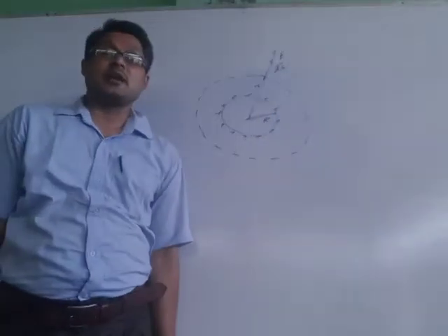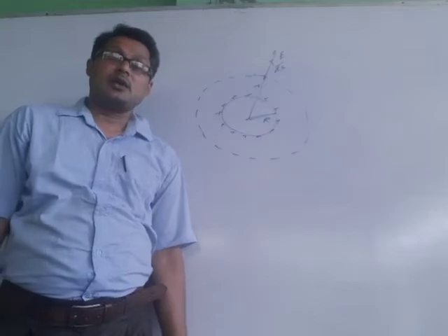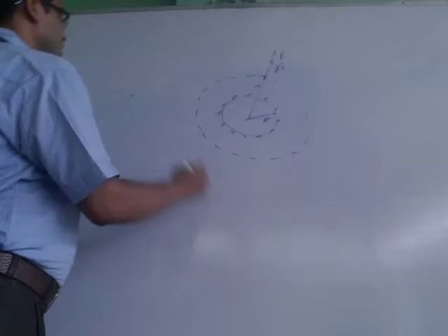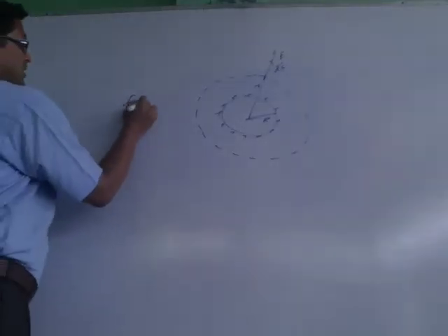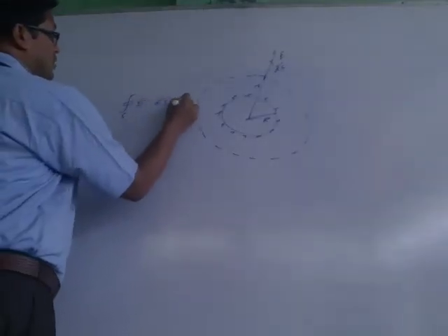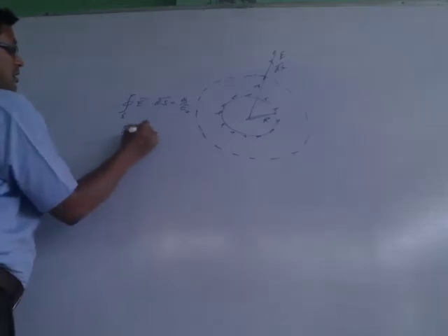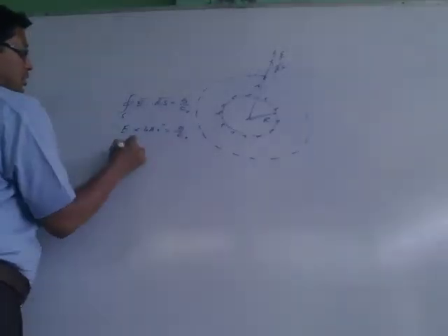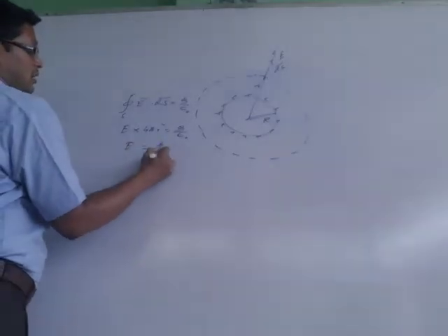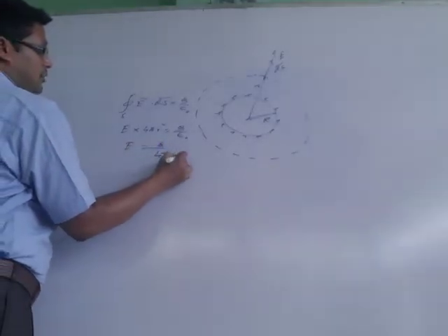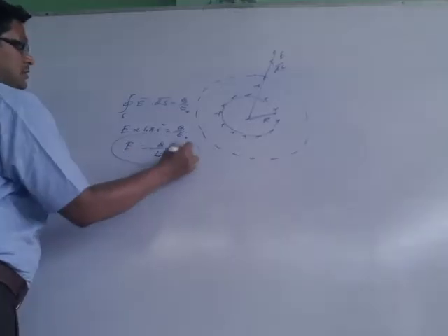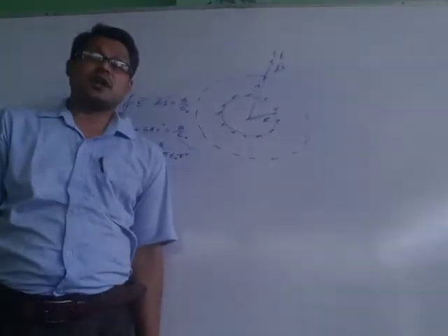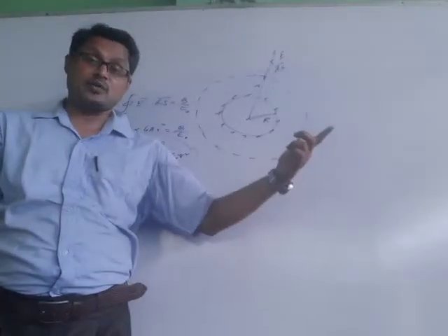Then the Gaussian surface choice is right. Now here surface integration E dot ds equal to Q by epsilon naught, or E into 4 pi r square equal to q by epsilon naught, or E equal to q by 4 pi epsilon naught r square. So this is the intensity due to charged spherical shell at an outside point.